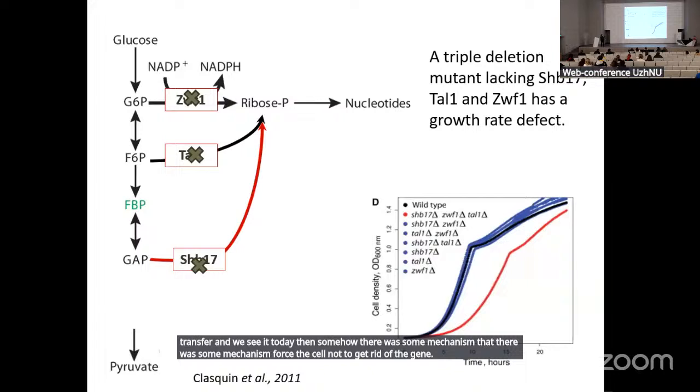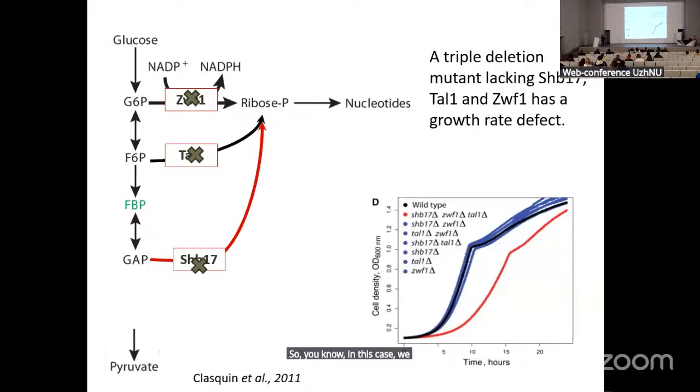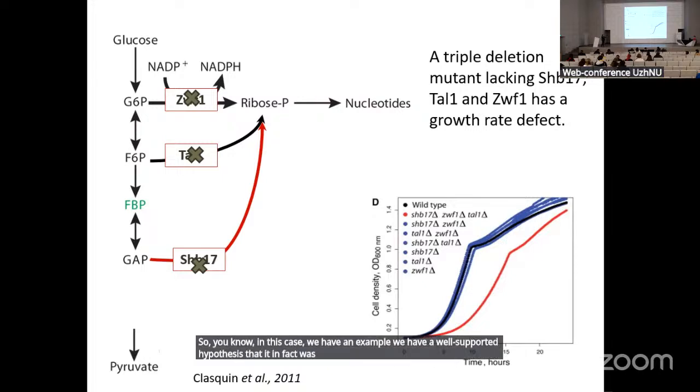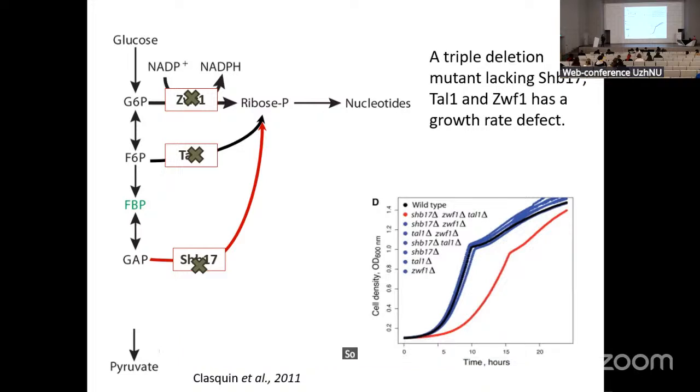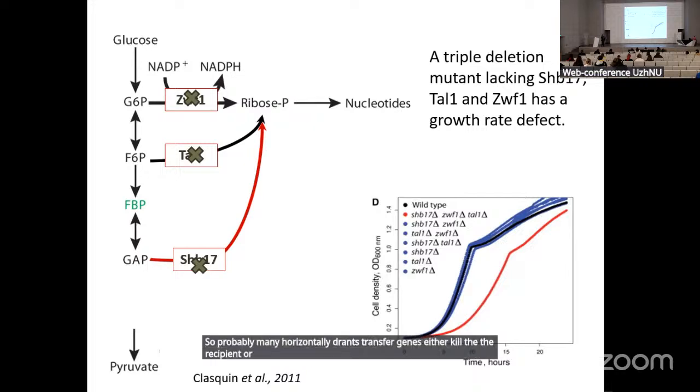In this case, we have a well-supported hypothesis that it was in fact advantageous because it supported growth in low oxygen and maybe invasive growth. So probably many horizontally transferred genes either kill the recipient or are pseudogenized, and we just don't see evidence of those unless the transfer happened, say, last week.